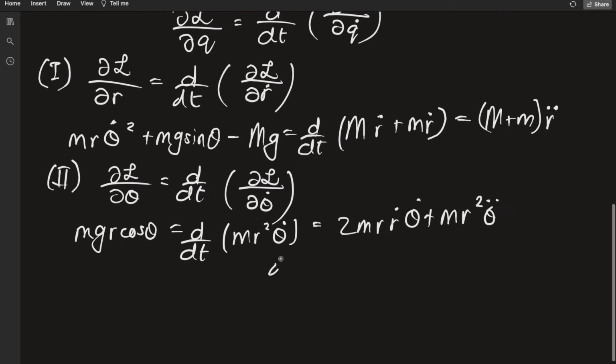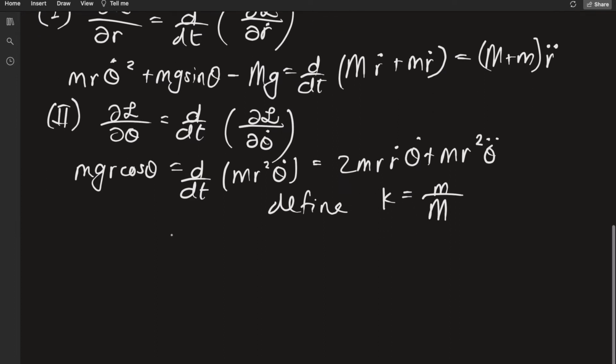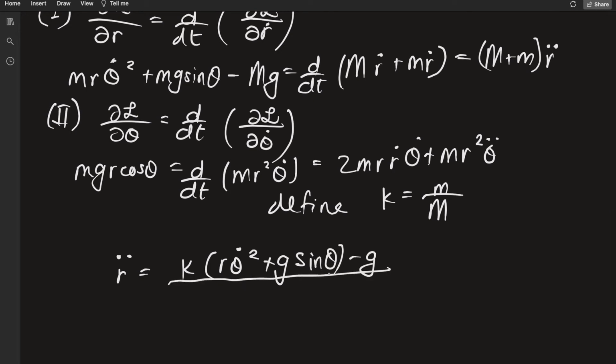Now if we define small k to be small m divided by capital M, which is some proportionality constant, we have basically two important equations. First, r double dot, the linear acceleration, is k times r theta dot squared plus g times sine theta minus g, divided by L plus k.